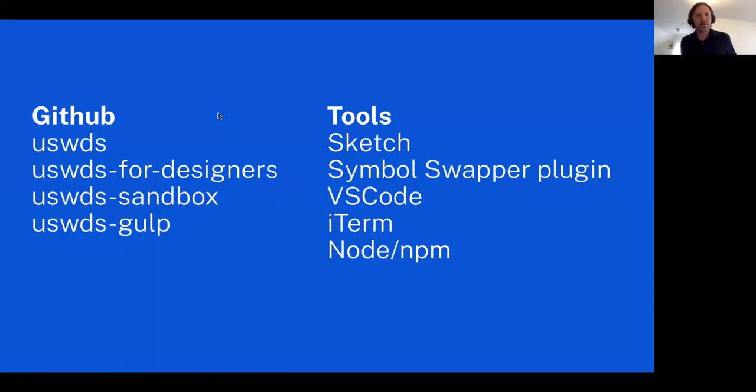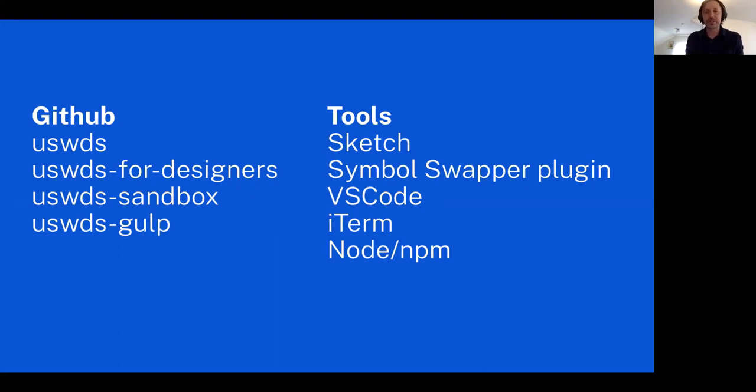These are the kinds of tools that I'm going to be using in this demo. On the GitHub side, I'm going to be using code from USWDS. I'll be using the suite of design tools for Sketch that are available in USWDS for designers. To get my project set up, I'm going to be demonstrating this in Jekyll and serving it with Jekyll.